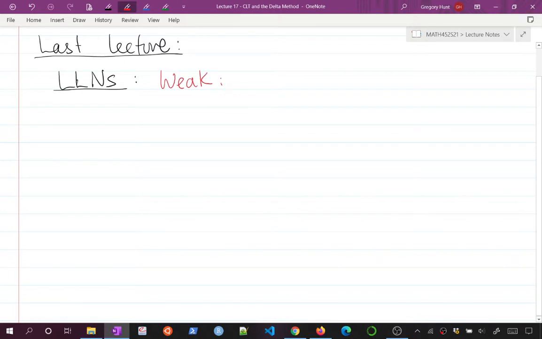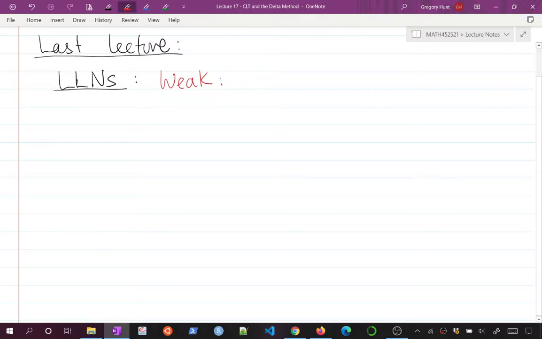which basically said that if I have some uncorrelated random variables, then x bar will converge probabilistically to the mean.